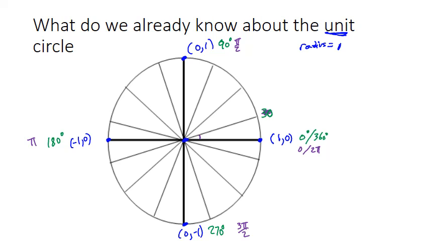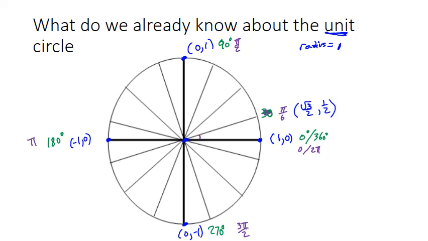We know that 30 degrees is pi over 6 radians. And when we did the calculation, we found out that we had radical 3 over 2 and 1/2 as our ordered pair. And we kept going.